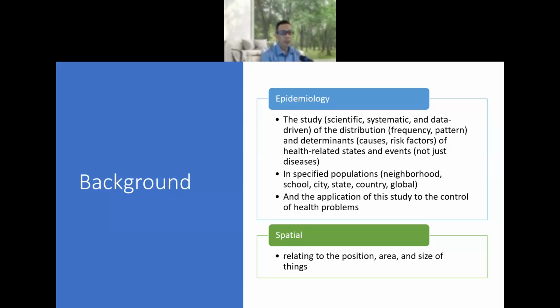And spatial means things related to the position, area, and size of things. So we are using information from position, from area, and also the size of the matters related to epidemiology, right?